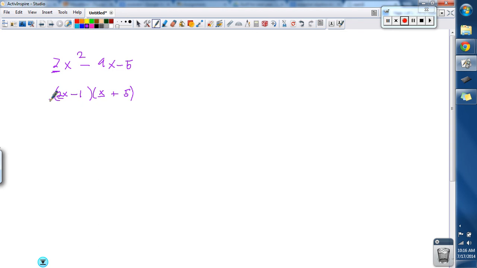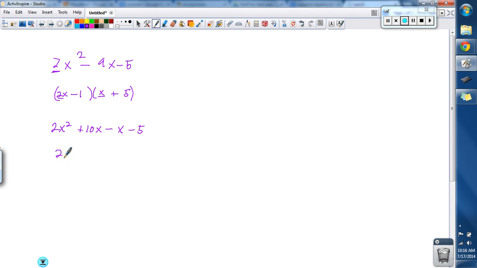So if I try this and I test to see if it works, I would actually multiply everything out again. So I'd get 2x times x gives me a 2x squared. That matches up correctly here. I'd multiply 2x times 5, and that would get me a positive 10x. And then I'd multiply -1 times x, and I'd get a negative x, and the -1 times 5 gives me a -5.